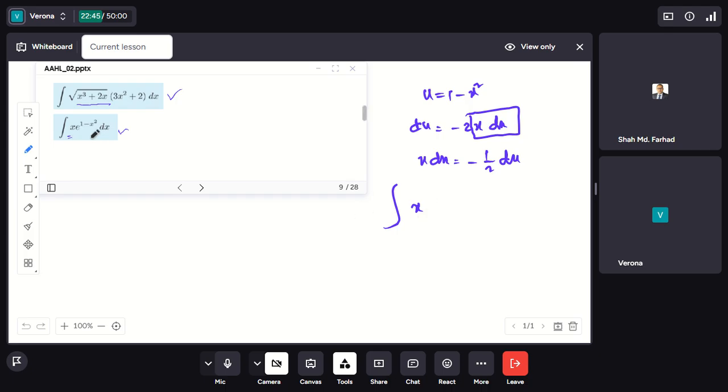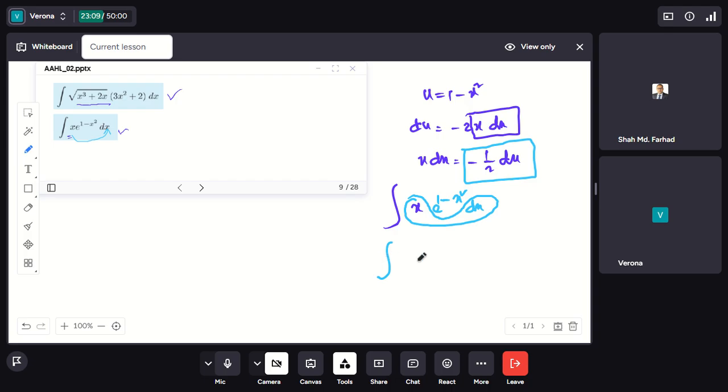We have here x dx, right? X dx, then e to the power 1 minus x square dx. So we can substitute this x dx with negative half du.